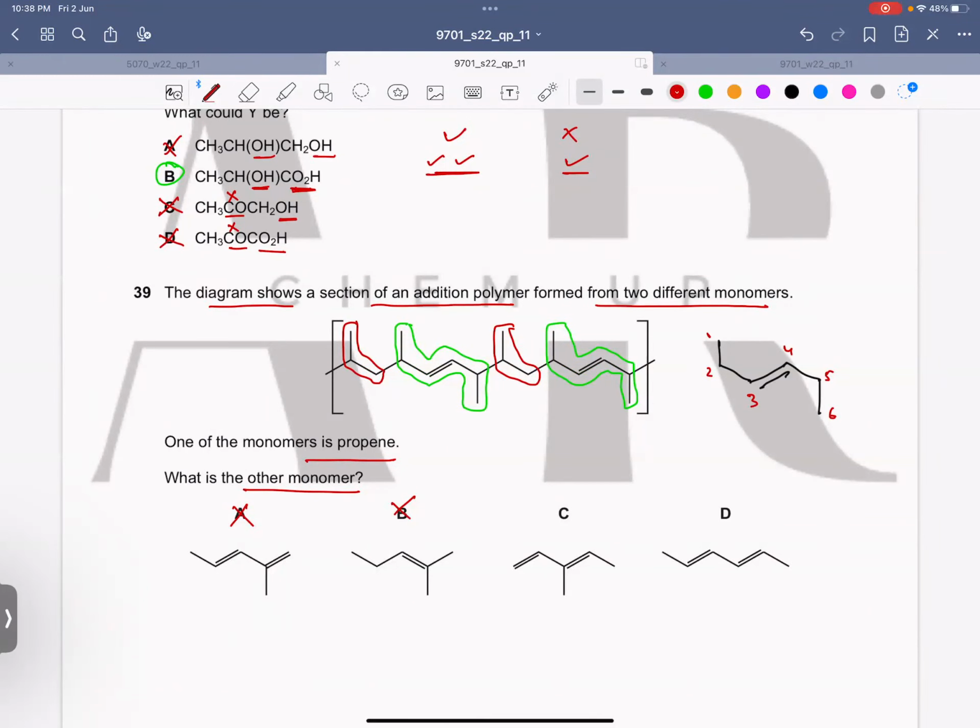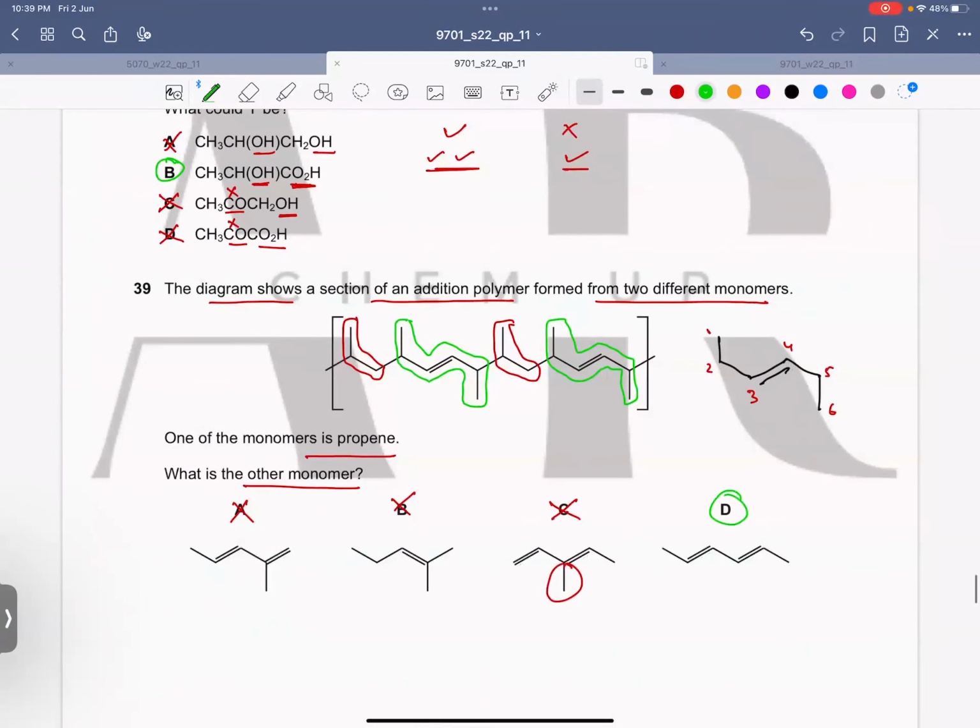Just give me a minute, please. Okay. If you see here, there is a branch as well, but here you are not observing any branch, which makes C wrong. So it means with a linear carbon chain, we have only D. So D is your correct answer.